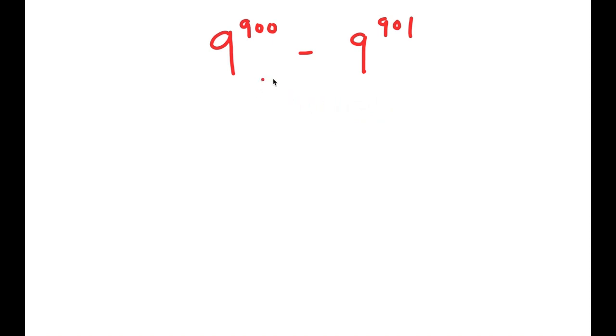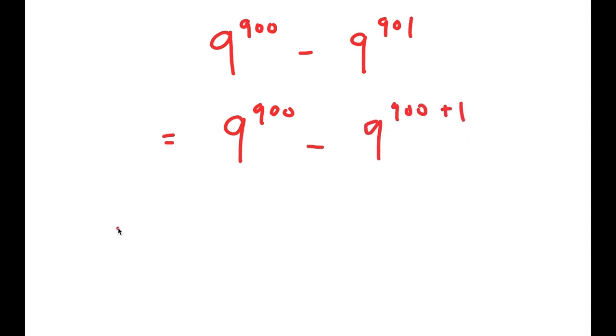Well, 9 to the power of 900 is actually a factor of 9 to the power of 901. So all we have to do is rewrite 9 to the power of 901 as something times 9 to the power of 900. We can use properties of exponents to do this. So I'm actually going to rewrite 9 to the power of 901 as 9 to the power of 900 plus 1.